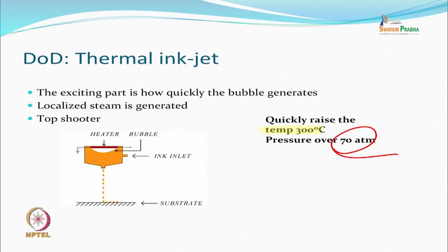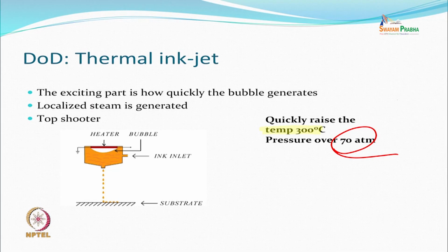That means water has been converted to steam and a bubble is formed, and based on the size of the bubble, which would depend on how long the current was passed and the temperature achieved, the same or a similar drop size may get ejected.